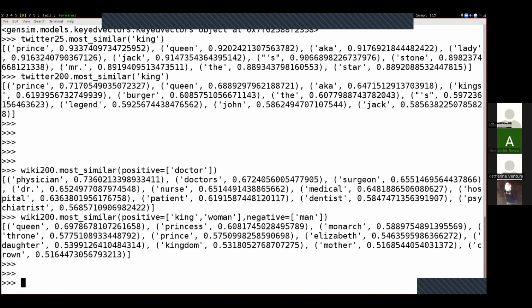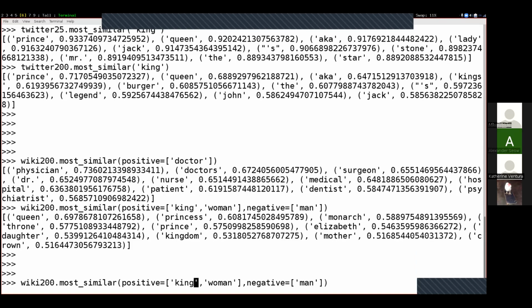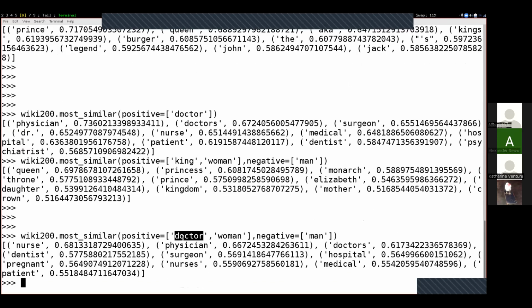But what if we do this with words that probably shouldn't have gender encodings inside of them? A king is fundamentally a male thing, and a queen is fundamentally the female version of a king. But a doctor is supposed to be gender neutral. If we find the female version of doctor in our data sets, we get the word nurse out instead of the word doctor.